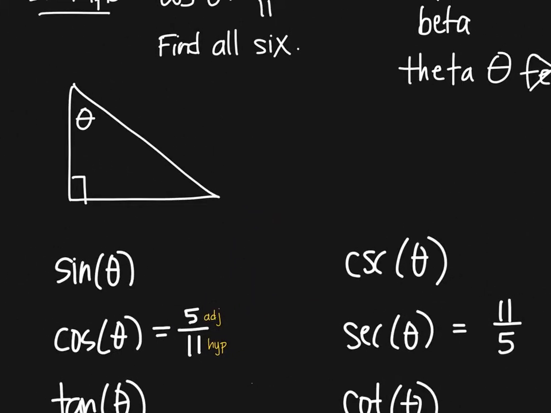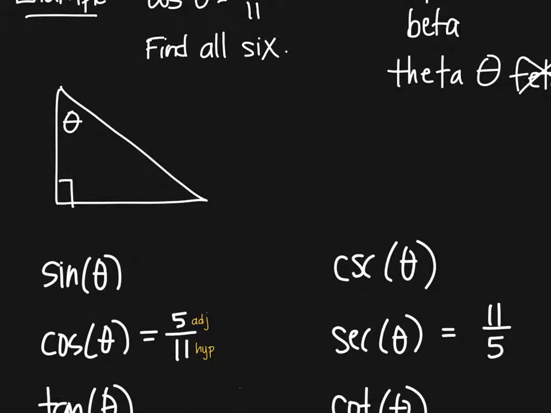So if I want 5 to be adjacent, I need to put 5 right here so that it's adjacent to the theta corner. And 11 is the hypotenuse, so I'm going to put 11 on that side, which really just leaves this bottom value for me to figure out, which again goes back to the Pythagorean theorem. And so I'll use Pythagorean: a squared plus b squared equals c squared.